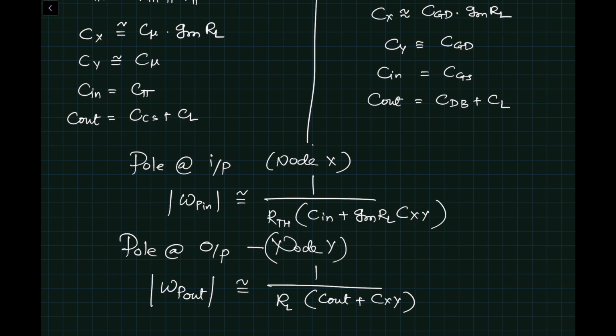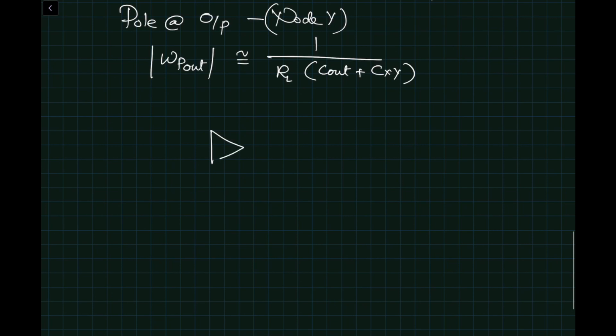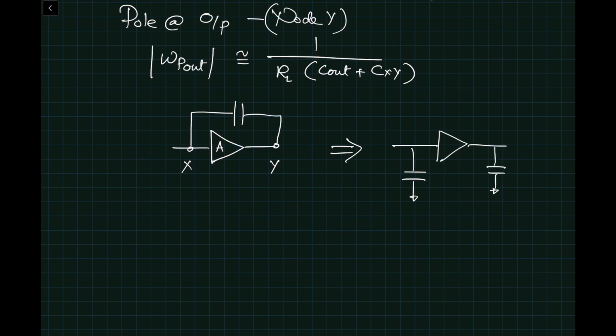As I told you earlier, using the Miller effect, if you have a gain A and any kind of capacitance between X and Y across gain A, we convert that to a capacitance going to ground from each node.